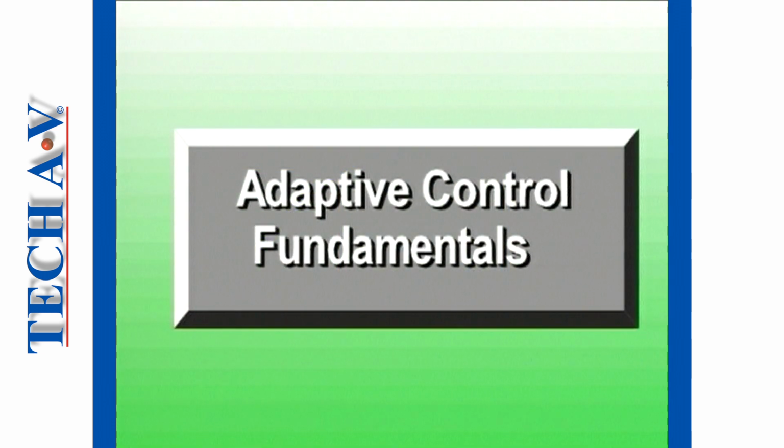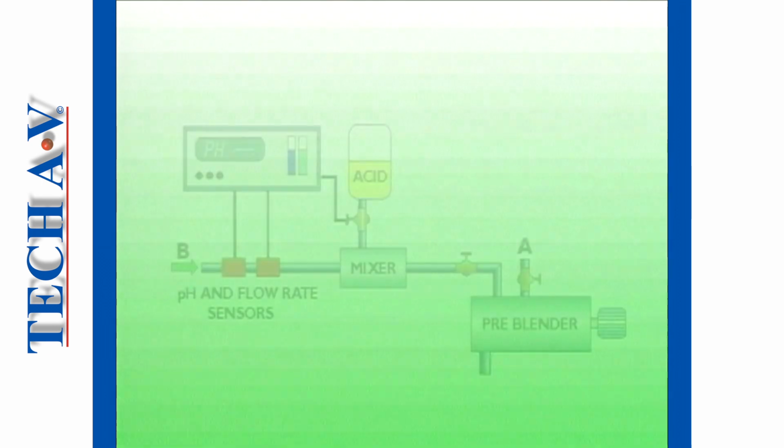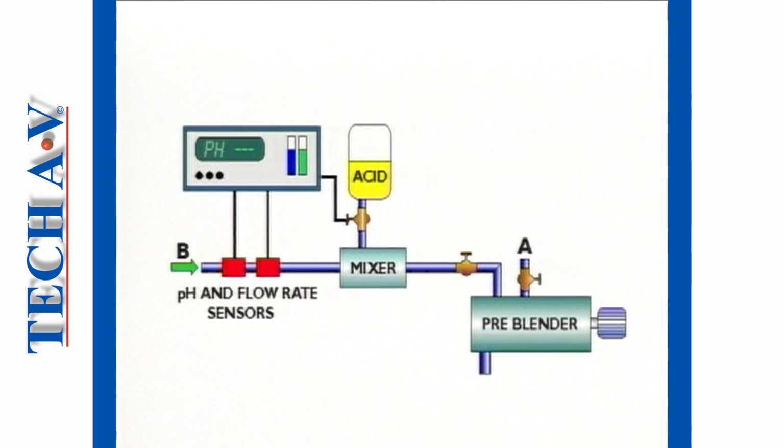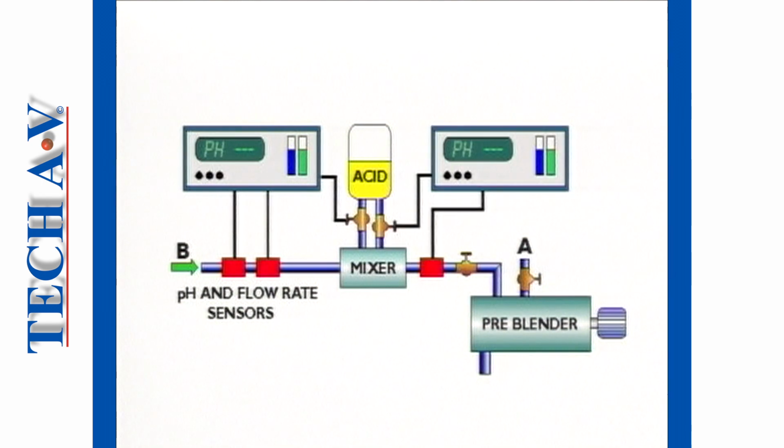What was needed was a feedback control system with a nonlinear response to correct for the variances in the pH of the acid additive. The modification involved an additional pH sensor located downstream from the mixer tank and an additional acid supply line. Here's how it works.